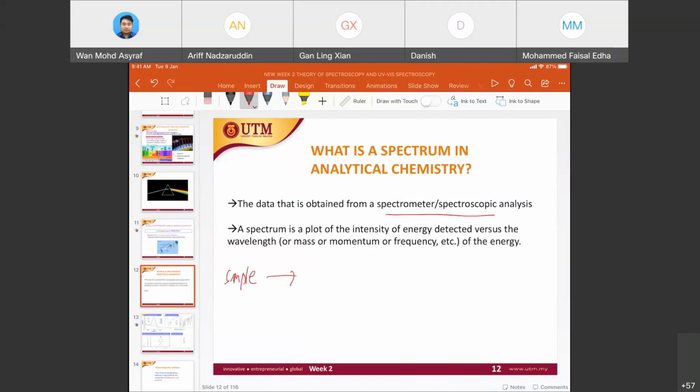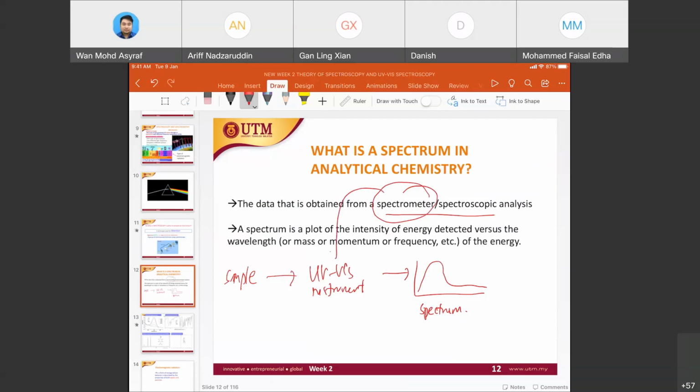You go to, for example, UV visible instrument, and then dapat something like this. This is a data lah. Okay, so this data we call, okay, so spectrum is a data that we obtain from a spectrometer.